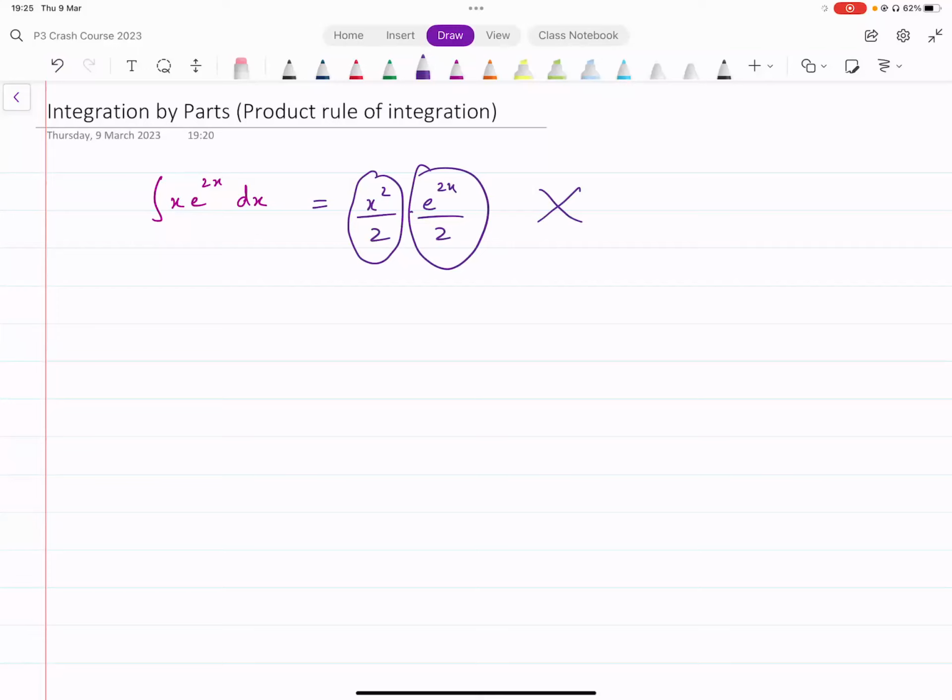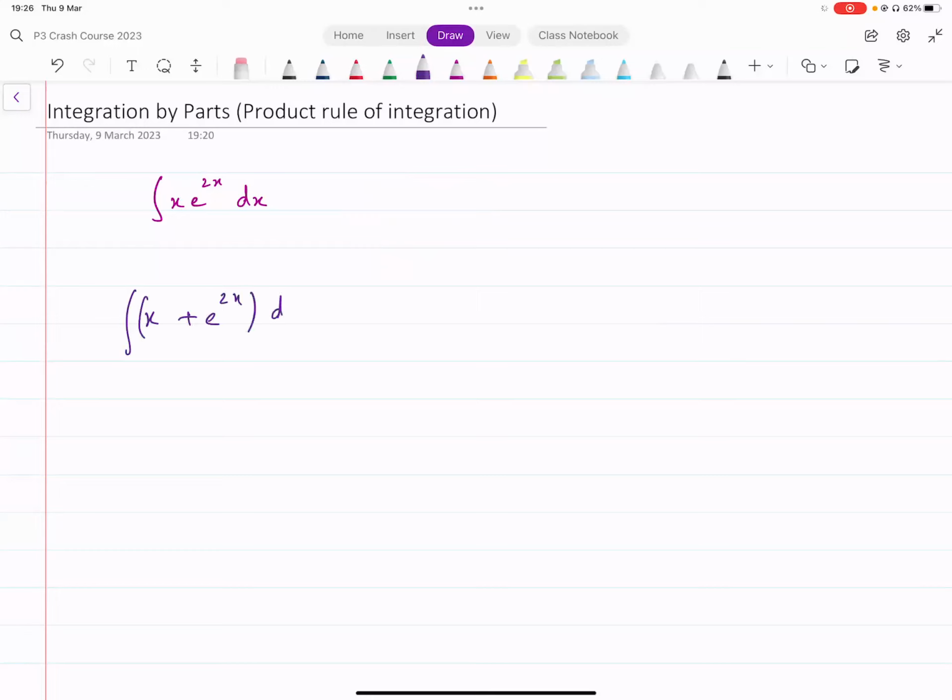Just like in differentiation, if we had two things being multiplied, we could not just differentiate them separately. We had to use the product rule that used to look like this: uv dash plus vu dash. So for the same reason, we can't integrate like this either. If we had a sum here instead, for instance, integral of x plus e power 2x, we could integrate these two expressions separately.